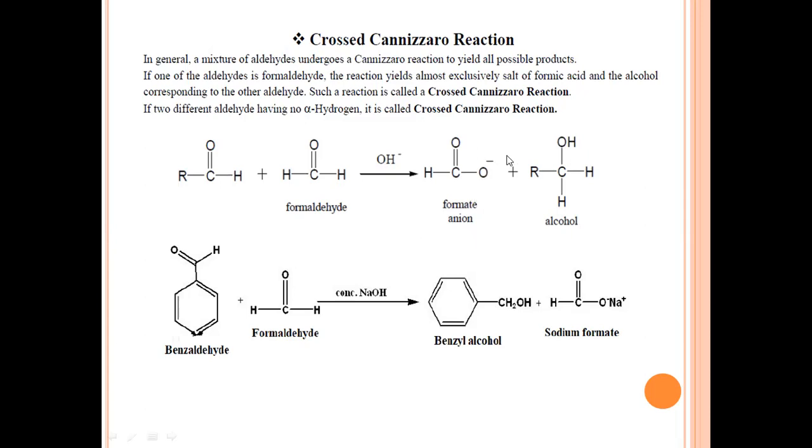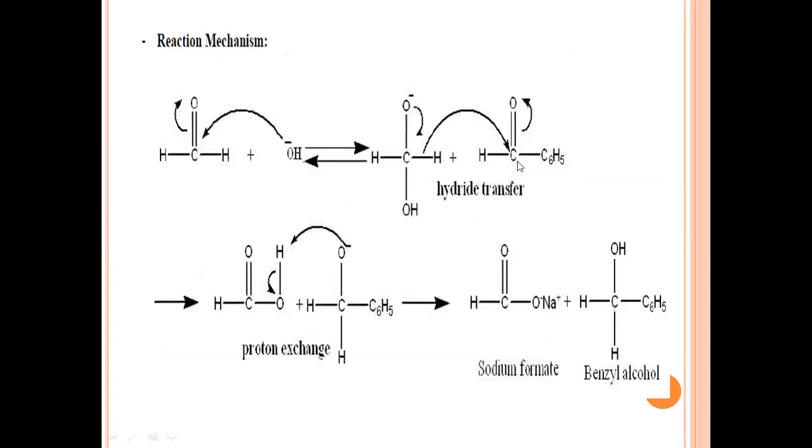This formate ion later reacts with sodium, so they are going to form sodium formate. Next is benzaldehyde plus formaldehyde, forming benzyl alcohol plus sodium formate. So this type of reaction is known as the crossed Cannizzaro reaction.